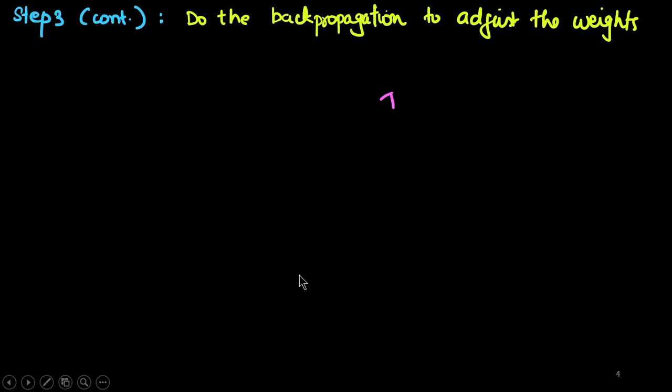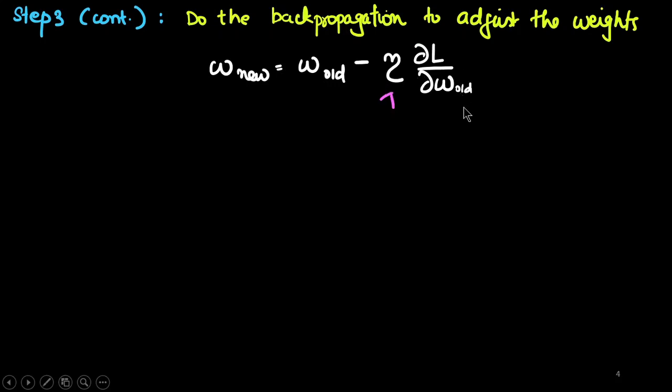So what should we do? We have to do back propagation to adjust the weights and biases. So W new is equal to, that is how we adjust the weight: the new weight value will be equal to the existing weight value minus eta into dou L by dou W old.